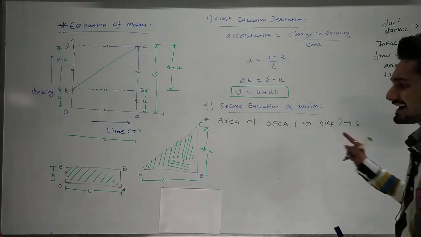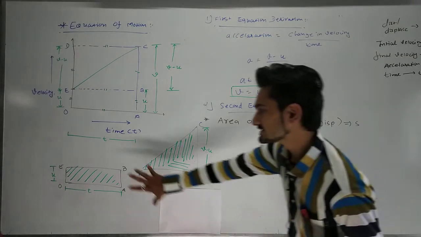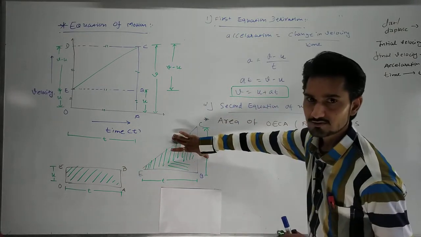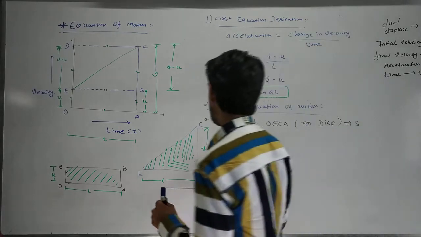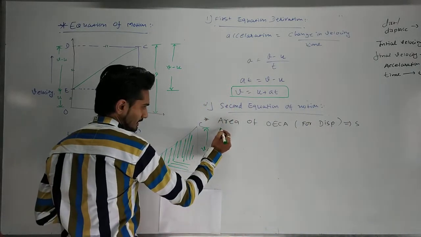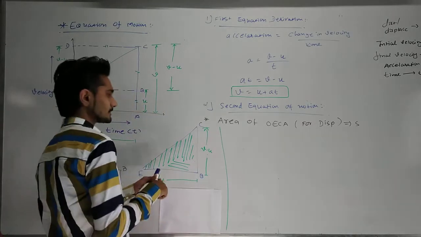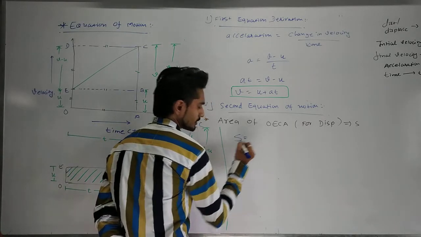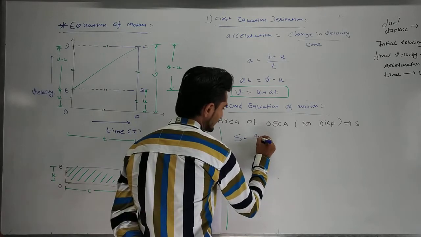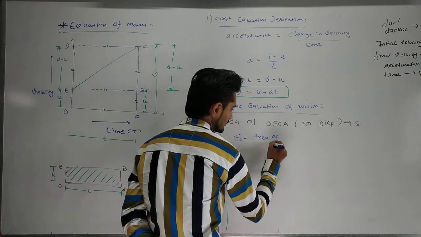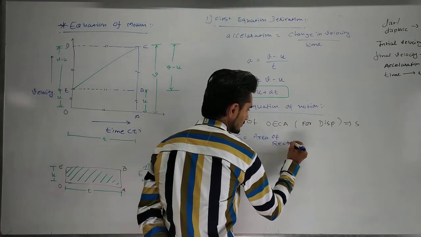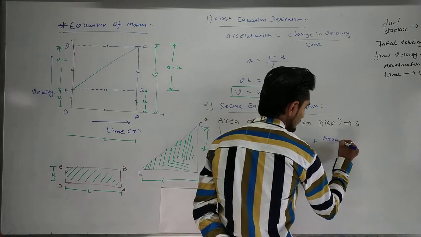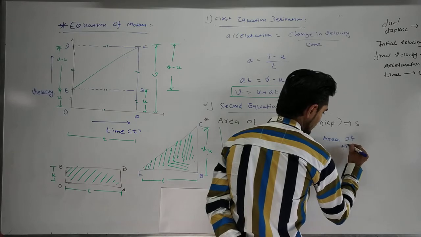So how can I measure the area? If I measure the rectangle's area and the triangle's area, I am going to write that here. S is equal to area of rectangle plus area of triangle.